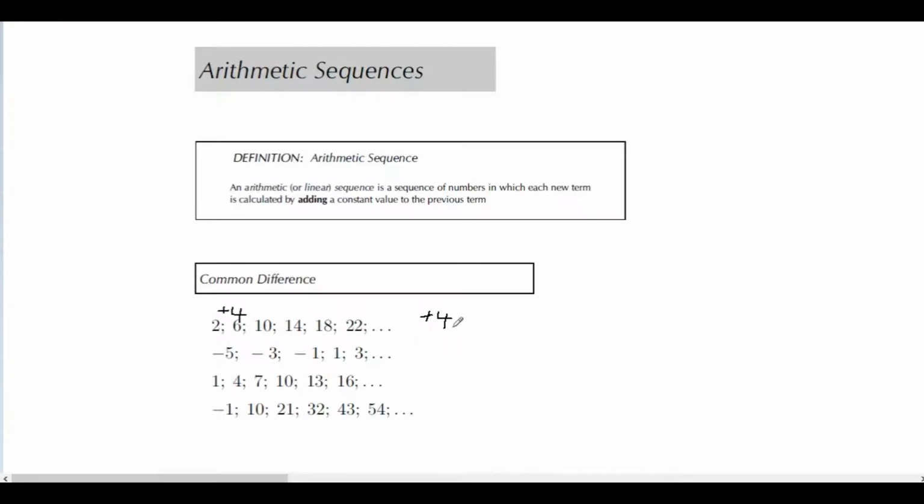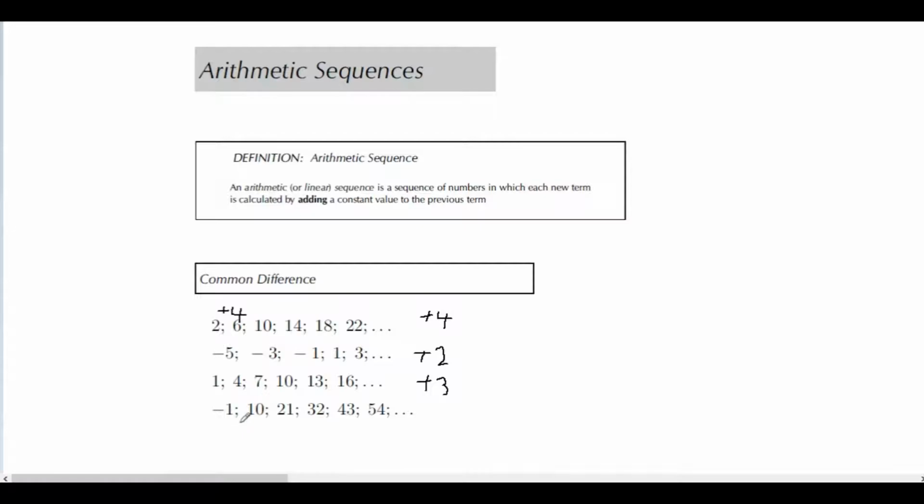Over here, minus 5 to minus 3. How do we get from minus 5 to minus 3? We add 2, and we see that continues over there. So we add 2. And then over here, this one would be plus 3, of course.